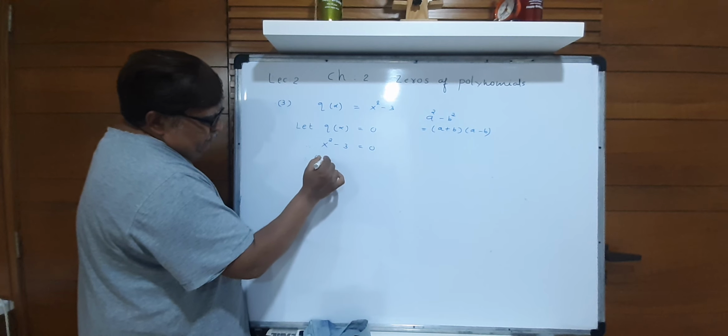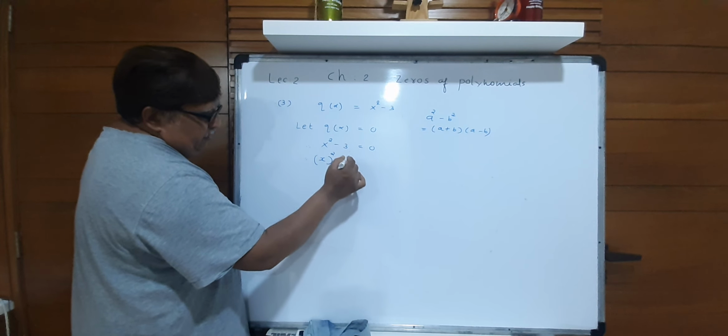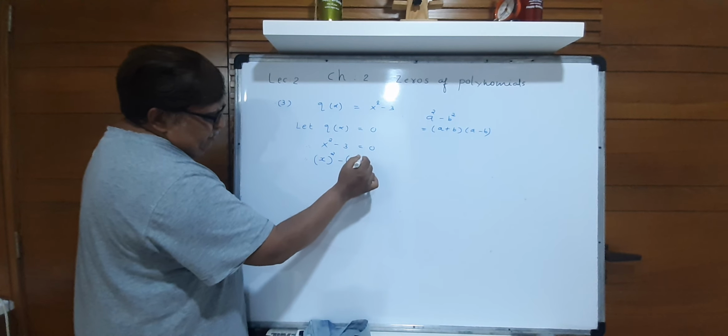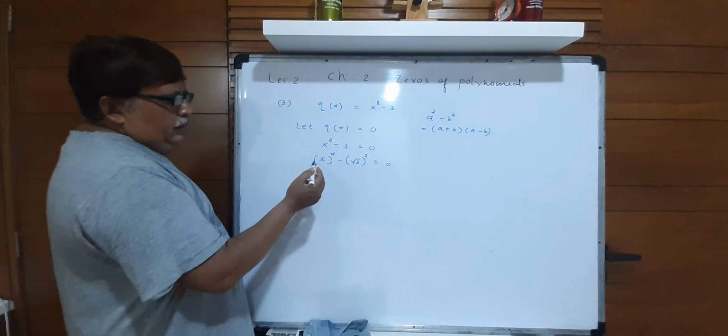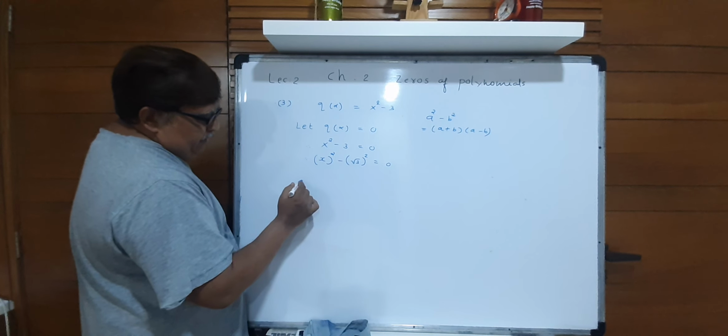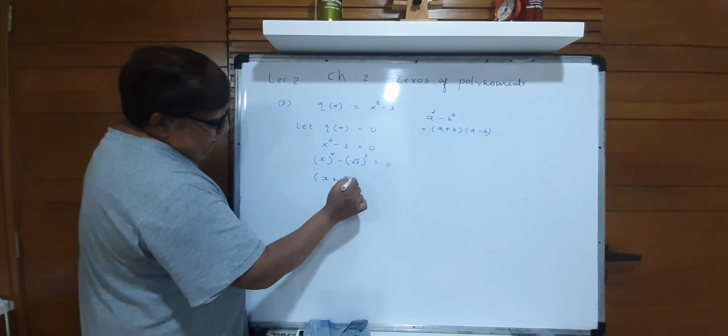Square root of x square is x. Because 3 is not a perfect square number, its square root is under root 3, so (under root 3) whole square equal to 0. You got a square minus b square, so one time plus, one time minus.